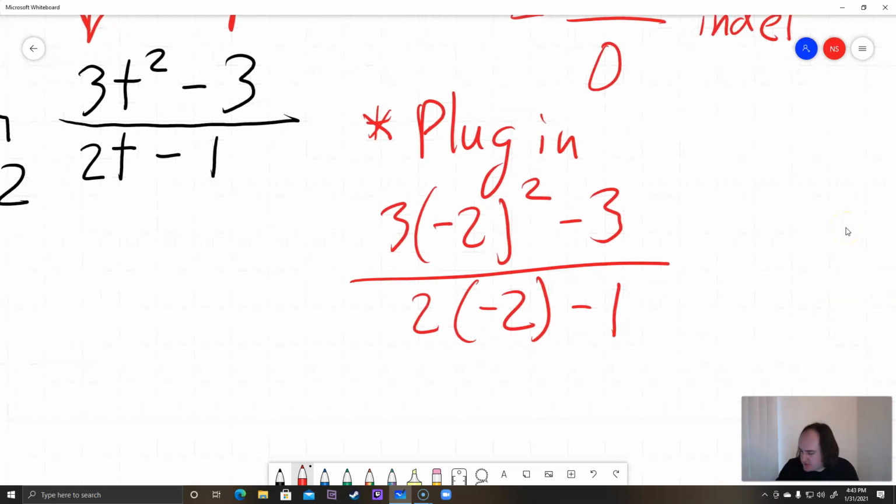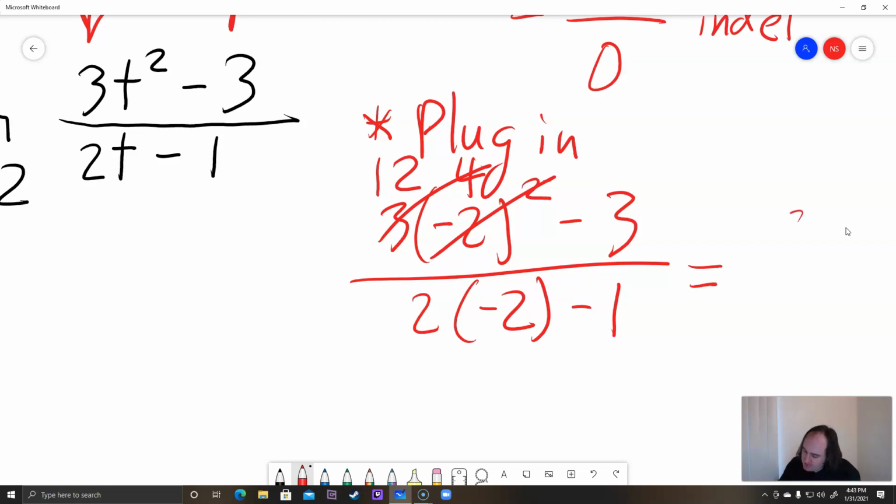Okay, so on the top, negative 2 quantity squared is going to be positive 4. So we have 3 times 4 is 12. So we have 12 minus 3 is 9 on the top. And then on the bottom, we have 2 times negative 2 is negative 4 minus 1 is actually going to be negative 5. So we have 9 over negative 5.